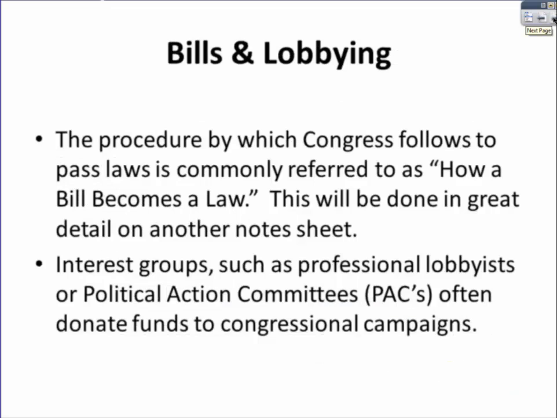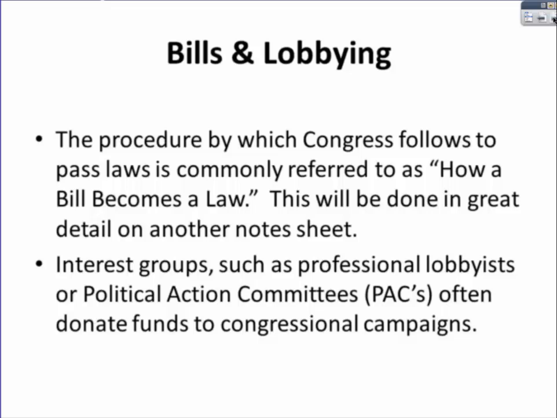Bills and lobbying. This is really the procedure by which Congress follows to pass laws. This is known as how a bill becomes a law. This will be done in a lot more detail on a separate note sheet that we will do together in class. Interest groups, such as professional lobbyists or even political action committees, known as PACs, or even today, there are super PACs that are allowed to fundraise even more than traditional PACs.